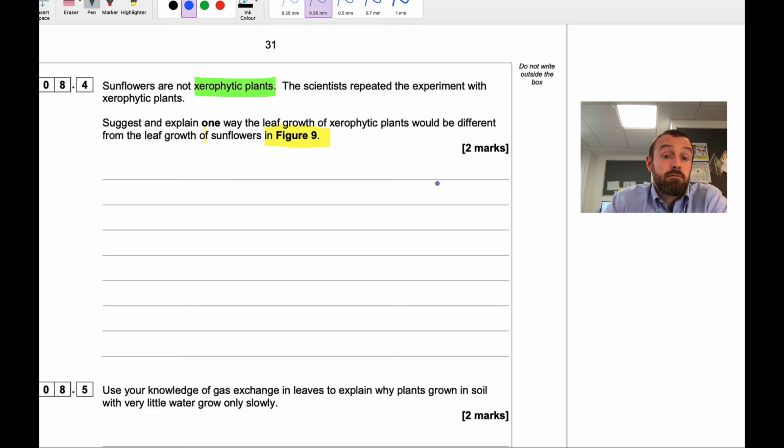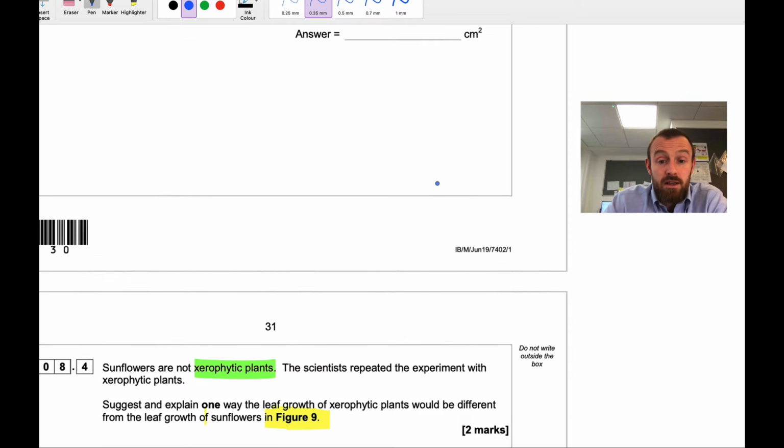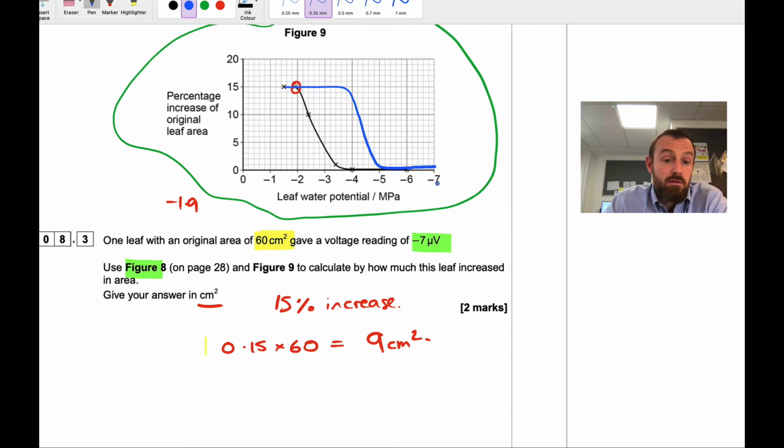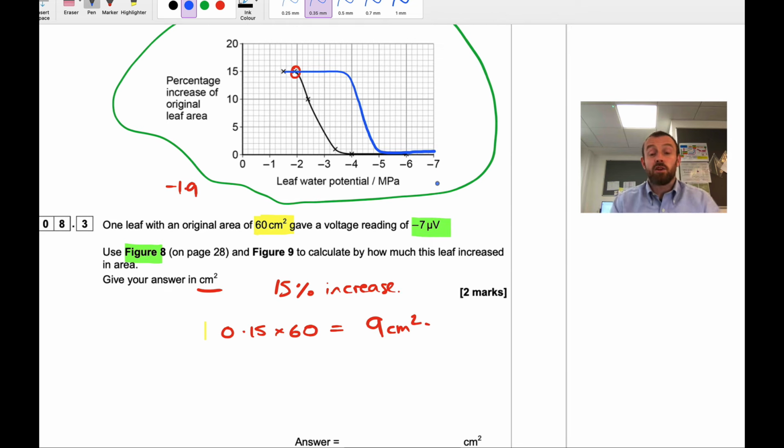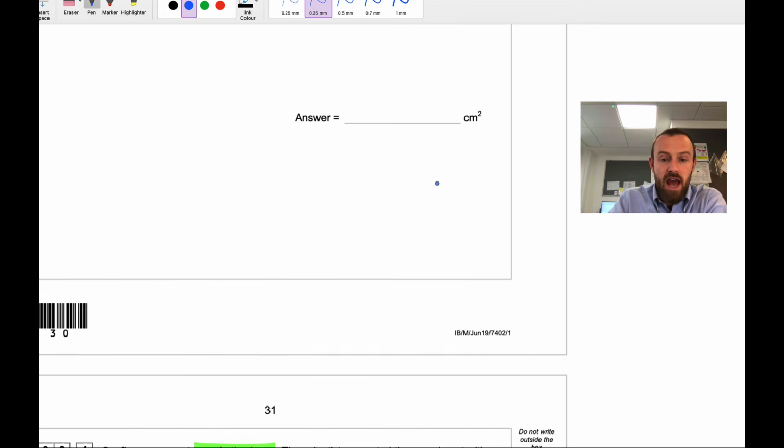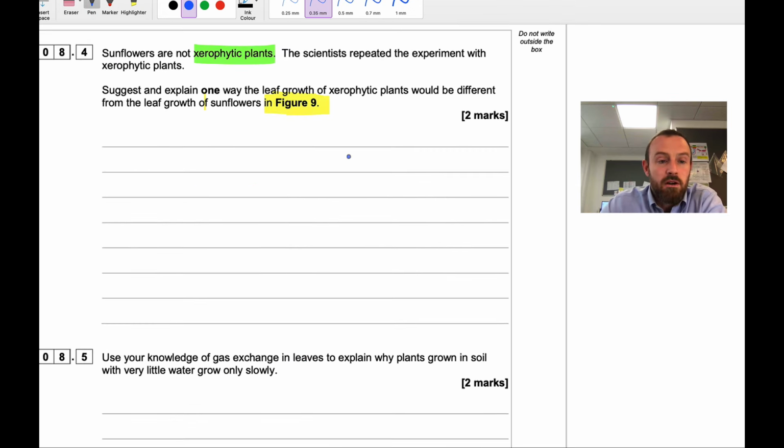So suggest, I would expect that the plants could grow at a rate of 15% up into a greater water potential. I might say the graph might look similar, but reach 0% increase in original area at 5 megapascals instead of 4 megapascals. Explanation, because xerophytic plants are adapted to environments where less water is available.